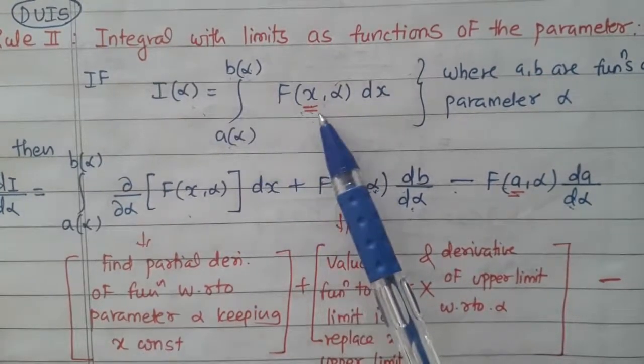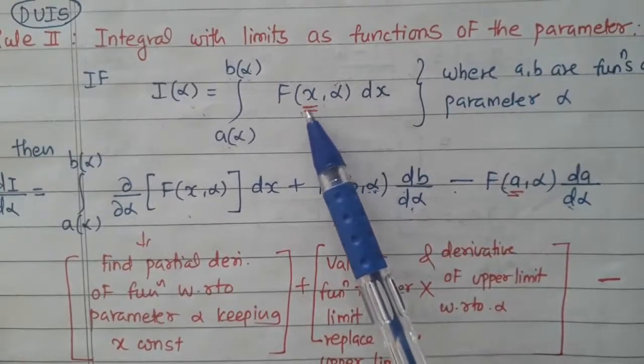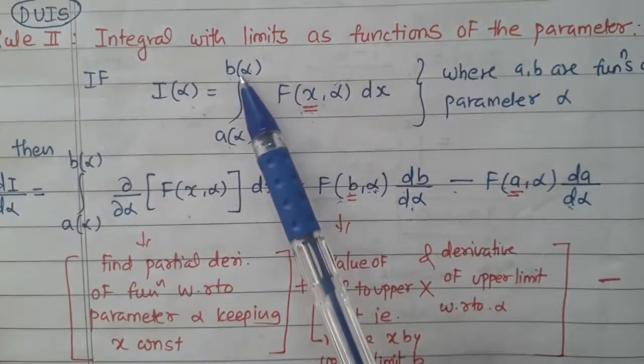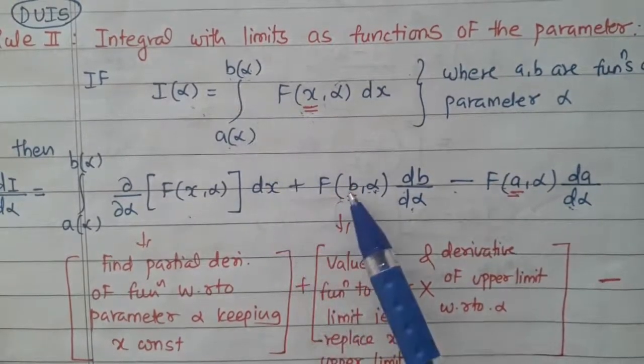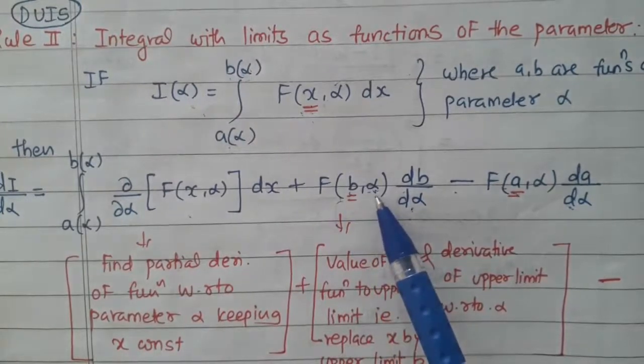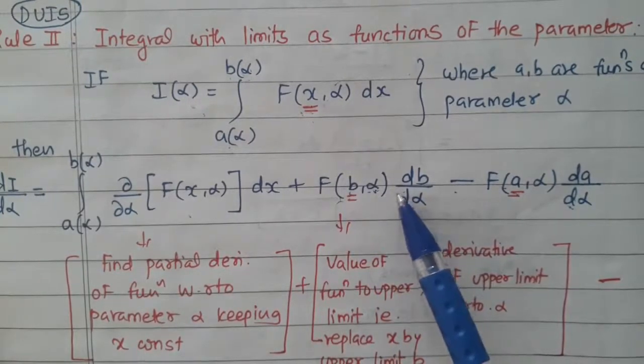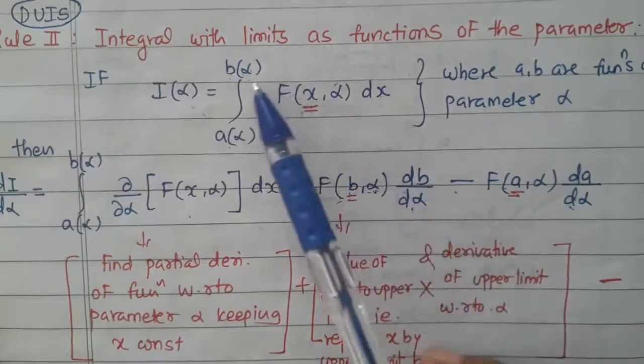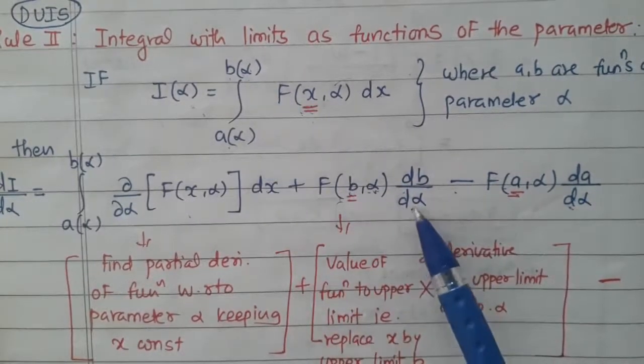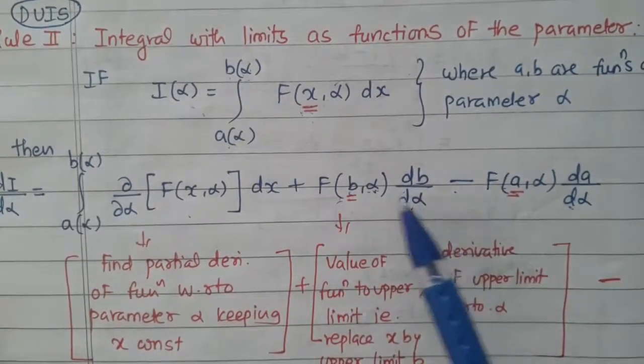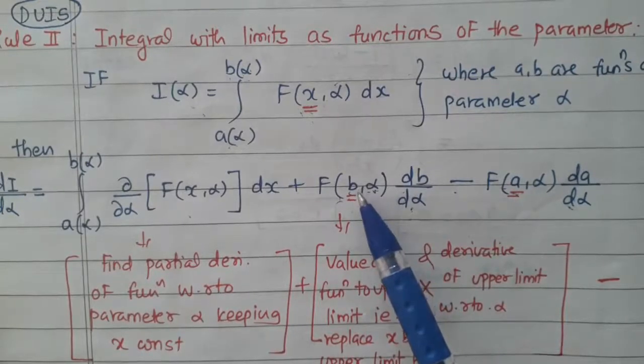Here x is the variable, so replace each variable x by the upper limit b. So the function becomes f of b, alpha into the derivative of this upper limit with respect to the parameter alpha. Note this step, this is a very important step here.